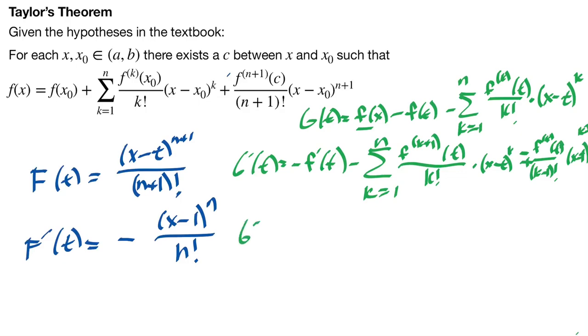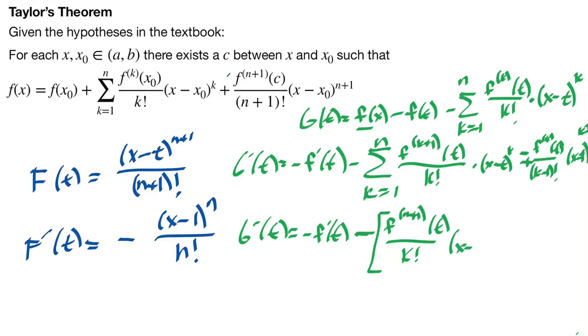So let's see, what is the very first term going to be? Negative f prime of t. And so we see this is minus, well, the very first term is what happens if we put an n in here. And so that's f, the n plus first derivative evaluated at t over k factorial times x minus t to the n. And then we go all the way around.